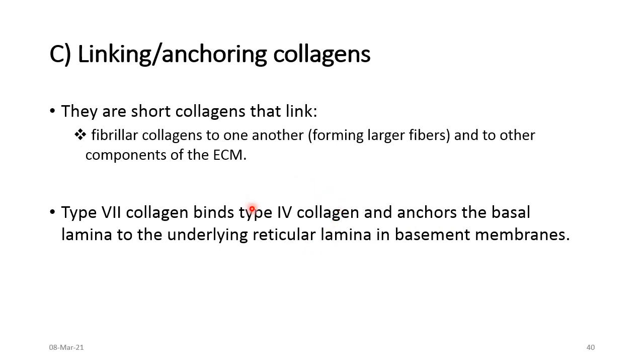So it binds the type 4 collagen and anchors the basal lamina to the reticular lamina of the basement membrane. That means in the basement membrane we have type 4 in the basal lamina, and type 7, which links type 4 collagen with the reticular lamina.